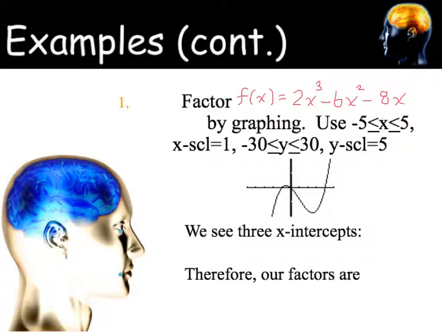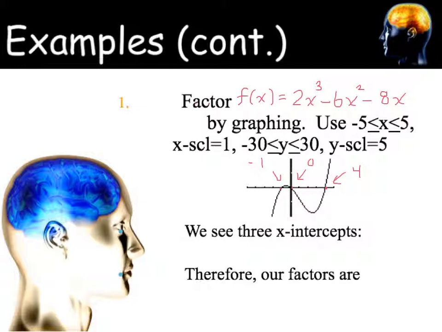And what you'll notice when you look at this graph is that there are three x-intercepts visible. There's one here, there's one here, and there's one here. Now I would estimate that those are at negative 1, at 0, and at 4.